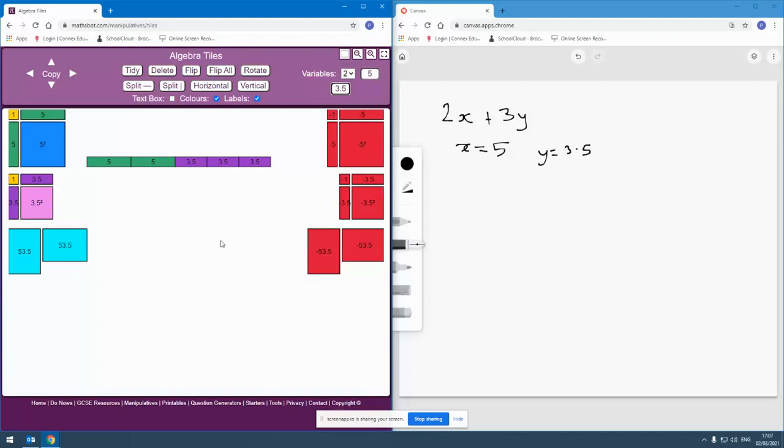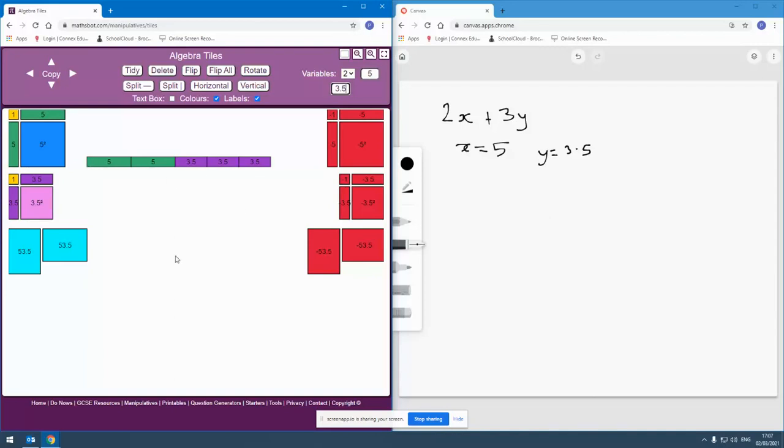And of course, the idea there is, okay, well, can we work out how long that would be? 5, 10, there's another 7, so 17, 20.5, and that's all it becomes.